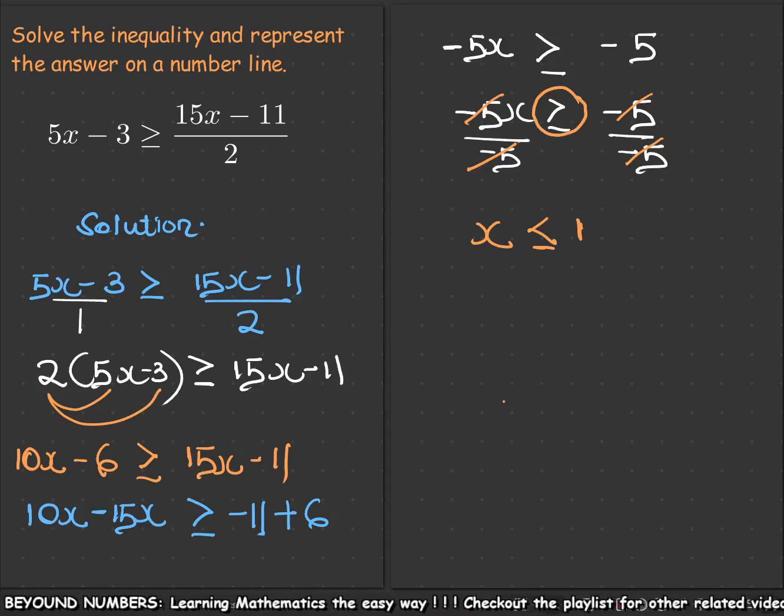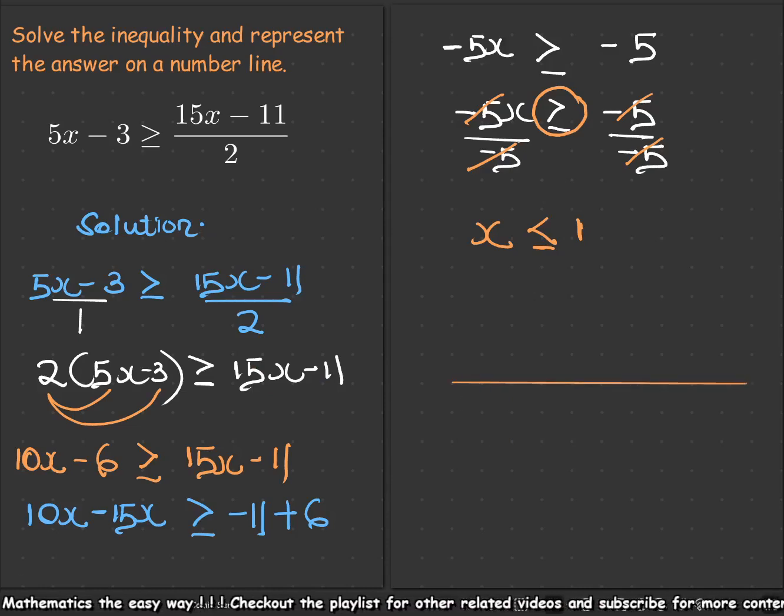To get it on our number line, let's draw the number line down. So this is going to be my number line. Make sure what you are going to represent, you get it on your line as well. In this case, we have 1, so I'm just going to put my 1 over here.